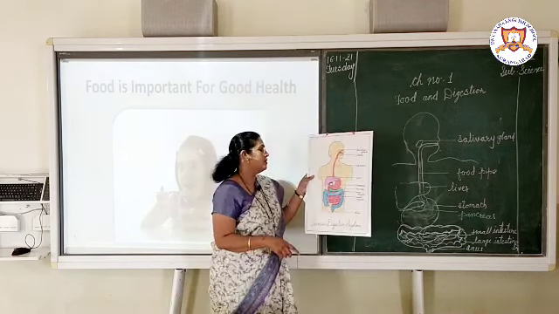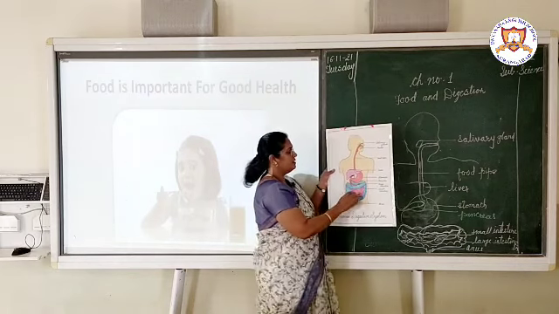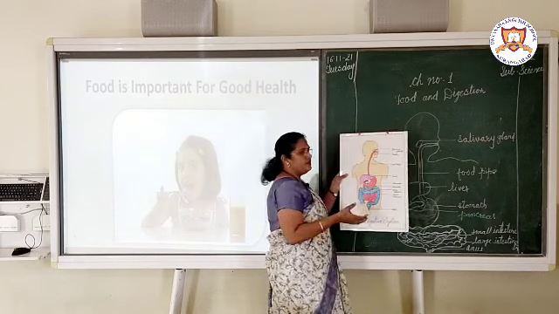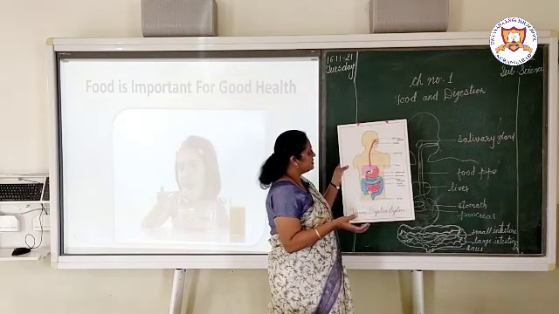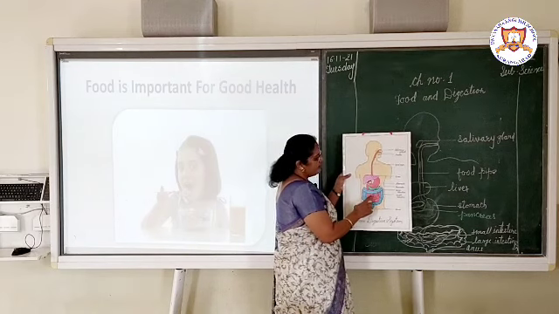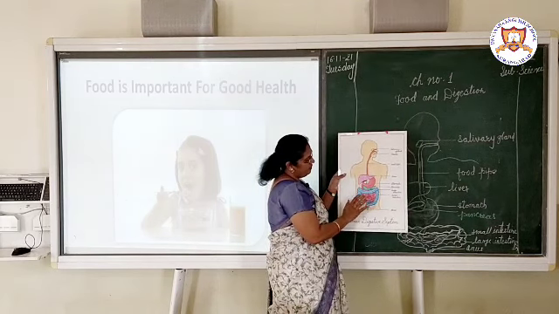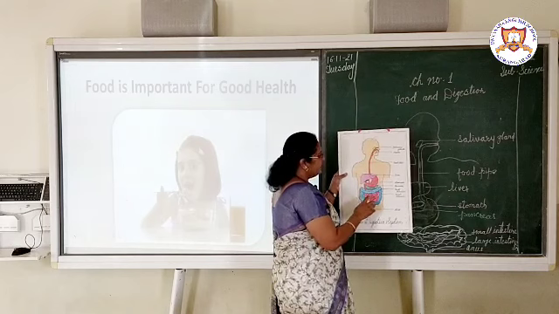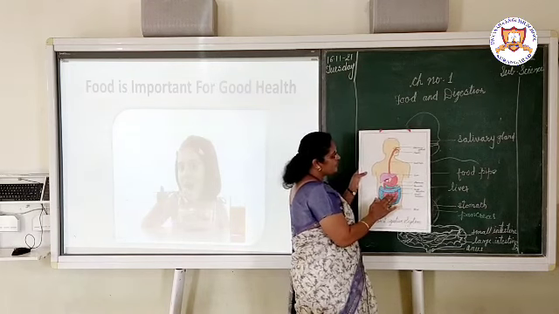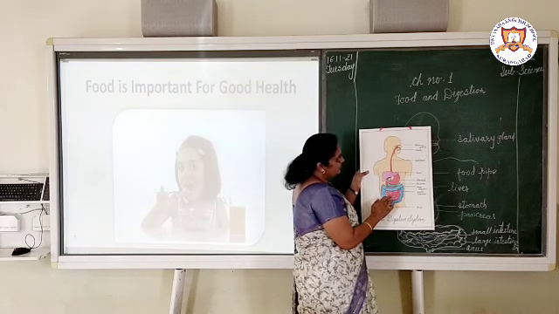The small intestine is about 30 feet long, but it is accommodated in a small space. If we straighten it, it is about 30 feet. Here digestion is completed, and absorption of food occurs in the small intestine.